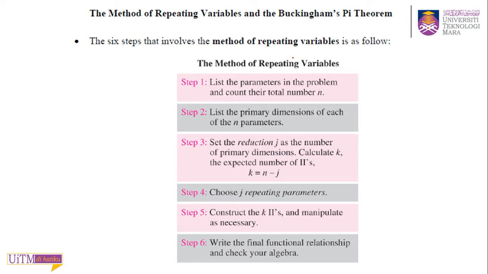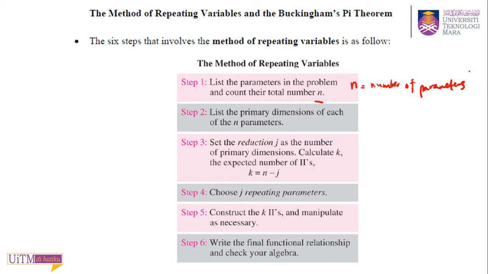The first one: list the parameters, what is in that equation, in that problem. List everything, and count the total number of parameters, which we denote as n. n will be the number of parameters.